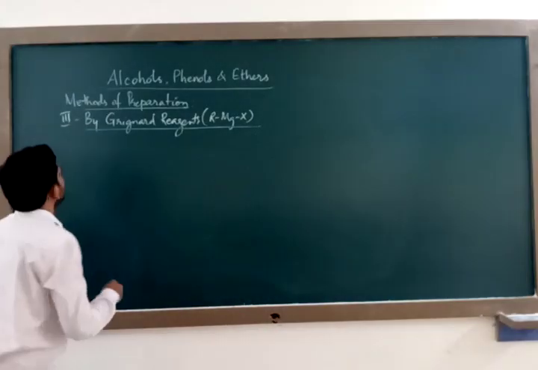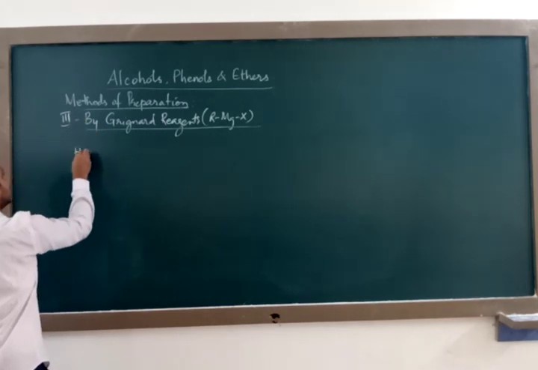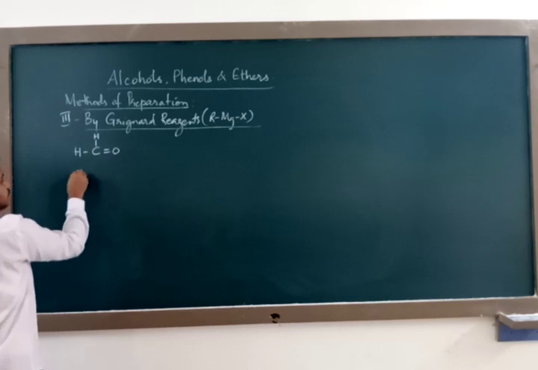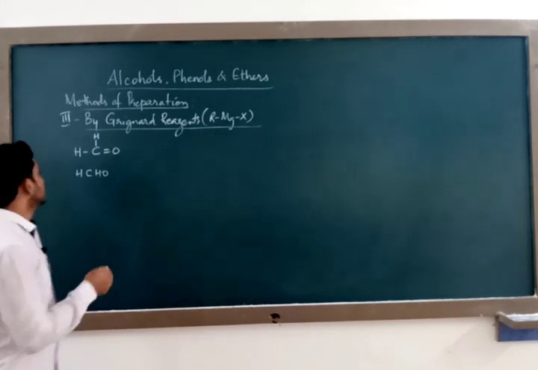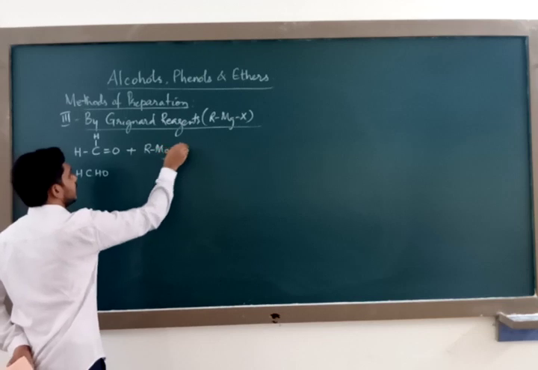Let us see. You first choose any aldehyde. I will choose formaldehyde, HCHO. For the sake of simplicity, you can write it as HCHO. This method also involves aldehydes and ketones. So along with this, you take a Grignard reagent, RMgX.